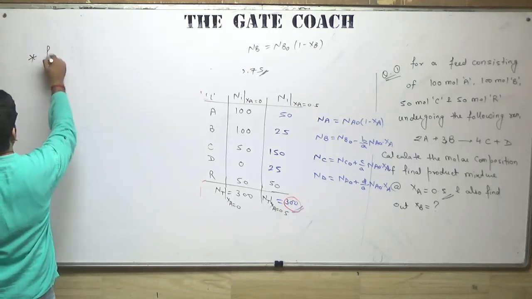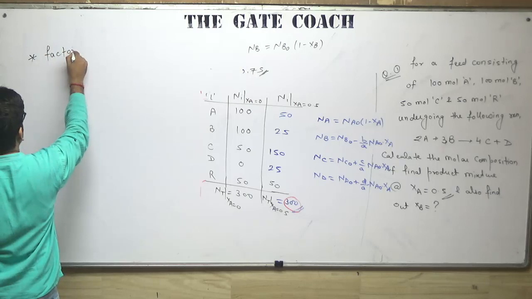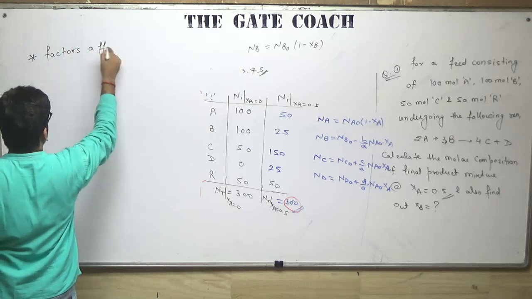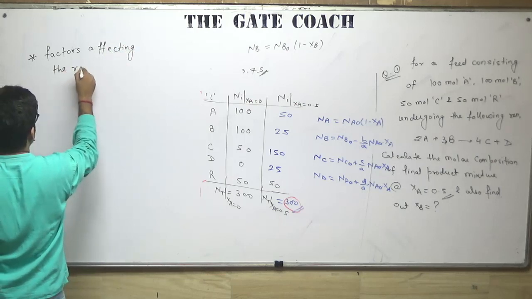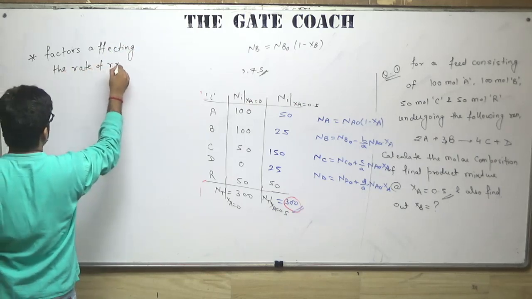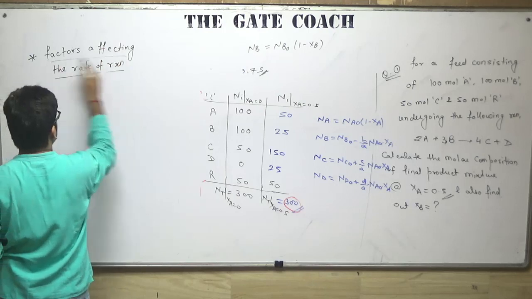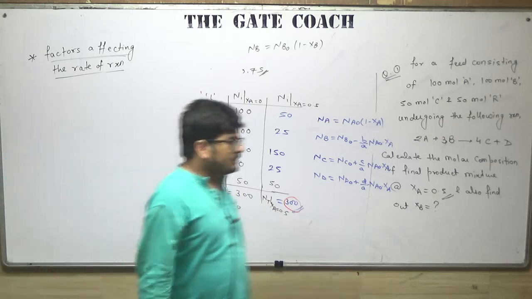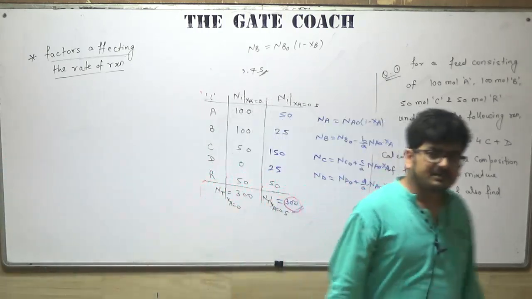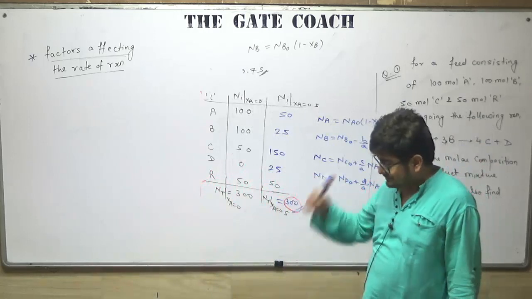So next point is factors affecting the rate of reaction. As you know, we are discussing the homogeneous reaction system.